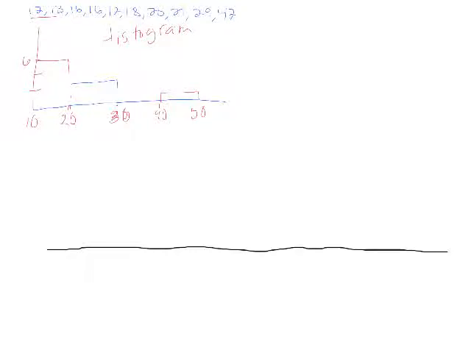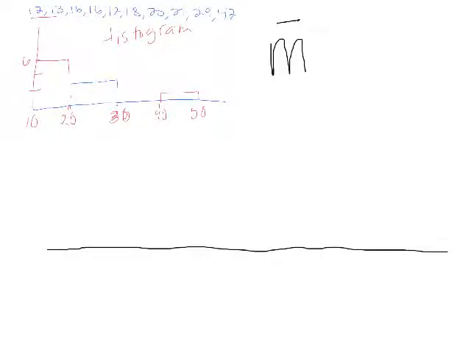So the median would be 1, 2, 3. So it would be 17.5, the median. I thought it was 18. Can you enter the data?